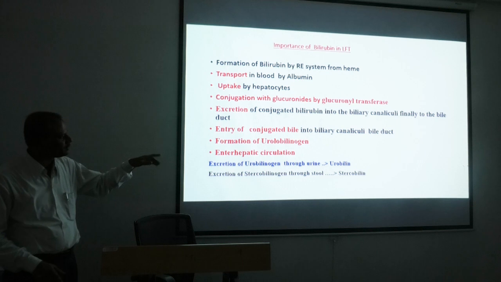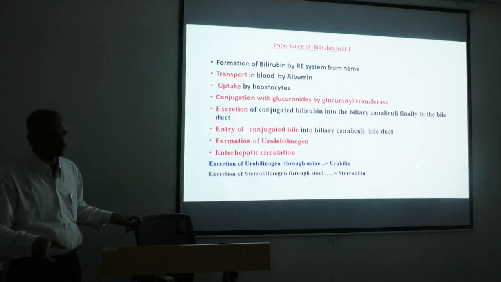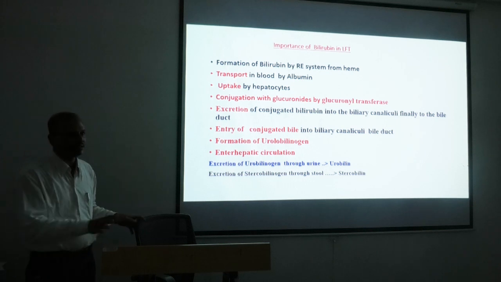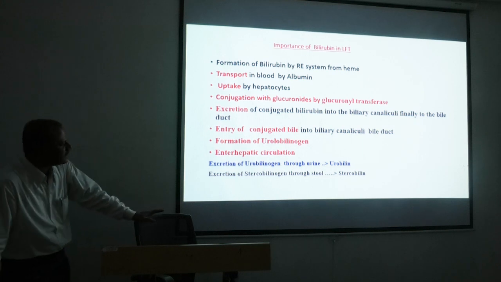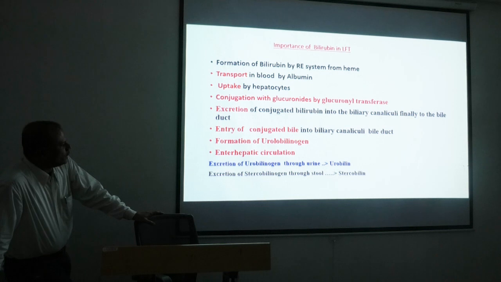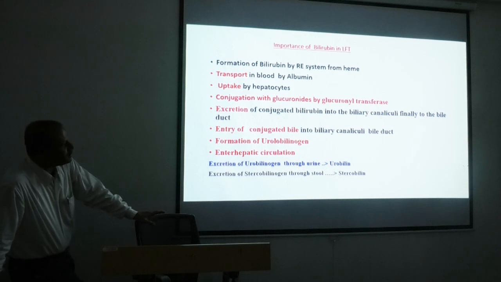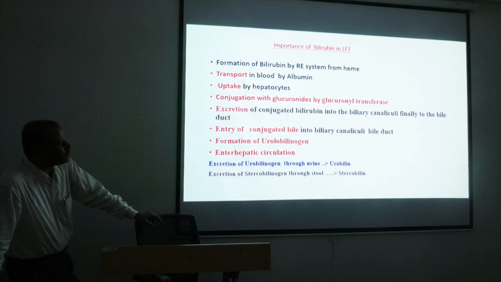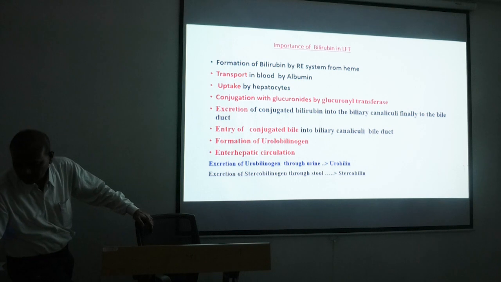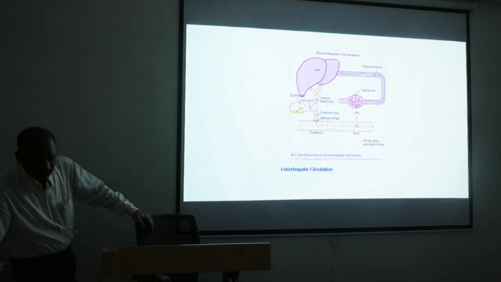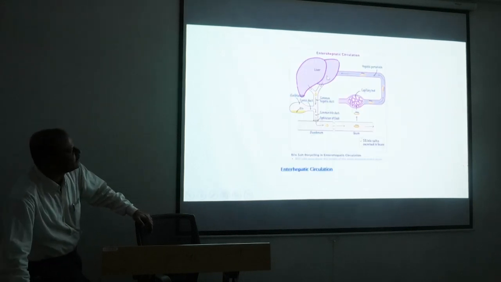And the rest, which remains in the circulation, passes through the urine. Normally, this is not detectable by the routine test, but there is color from that very small amount. So urobilinogen excreted through urine, on standing is converted to urobilin. Similarly, through stool, by oxidation it is converted to stercobilin and these are excreted. So this is enterohepatic circulation in brief.